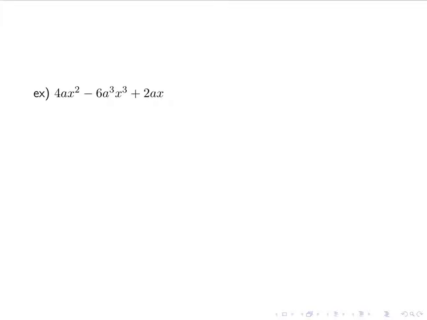So let's try another one. 4ax squared minus 6a cubed x cubed plus 2ax. If we look at the coefficients, 4, 6, and 2, they have a 2 in common. And then we look at the variables.